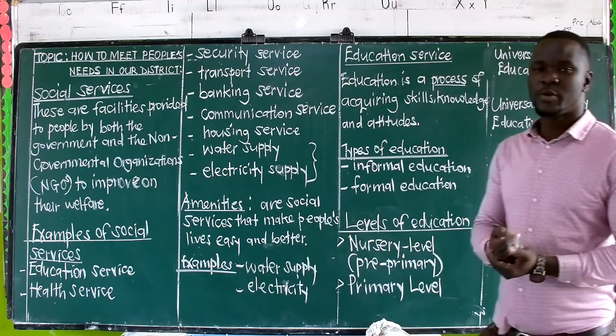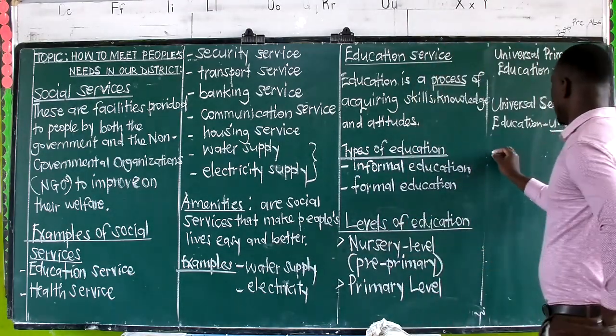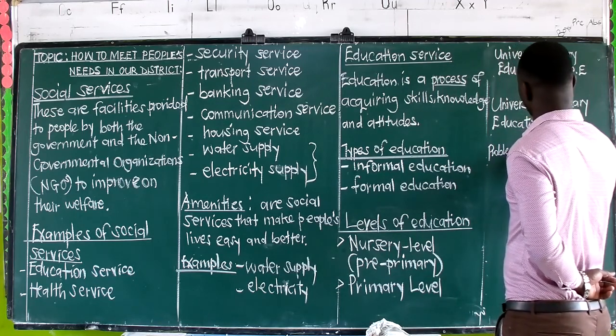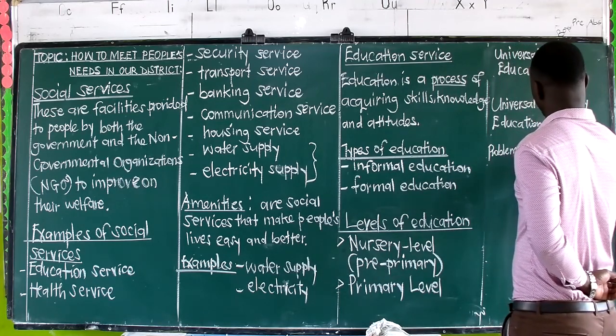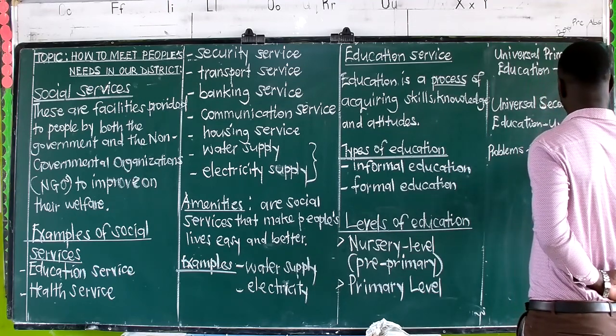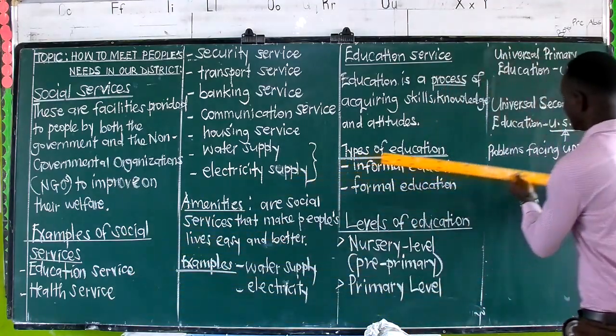However, these programs have a lot of challenges. For example, when we talk about problems faced by UPE schools, allow me to talk about this because you also need this information.